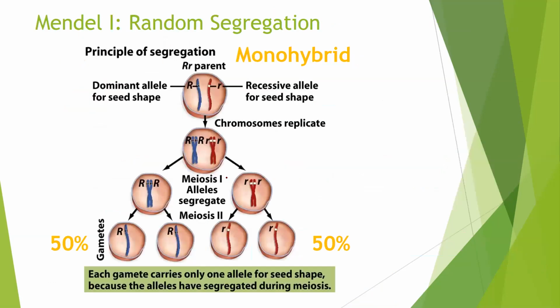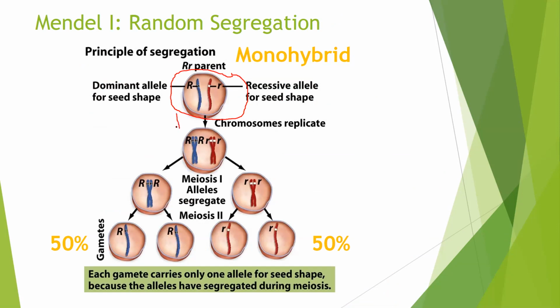This diagram gives you a simple summary of what is going on in the monohybrid cross based on Mendel one, the random segregation. We start from a monohybrid F1 parent with 2 alleles, and during meiosis these 2 alleles segregate in a random fashion.